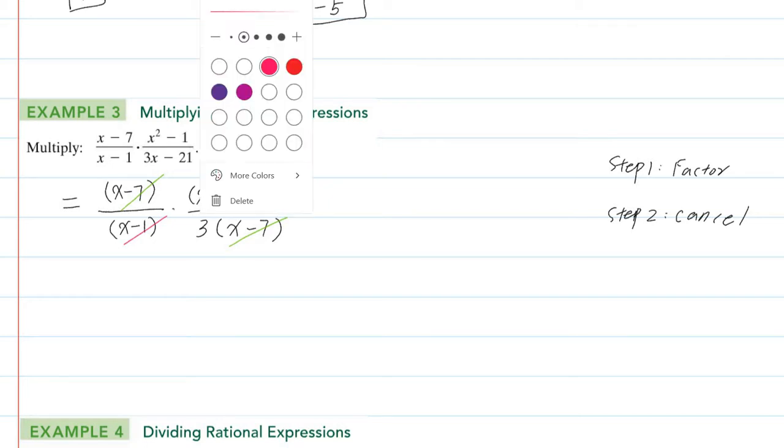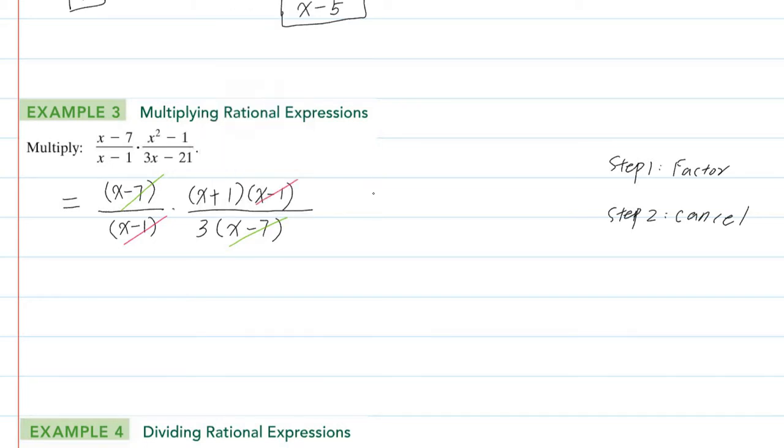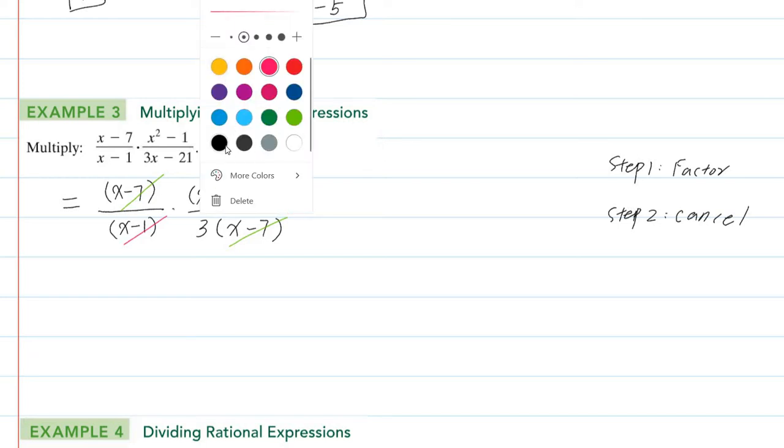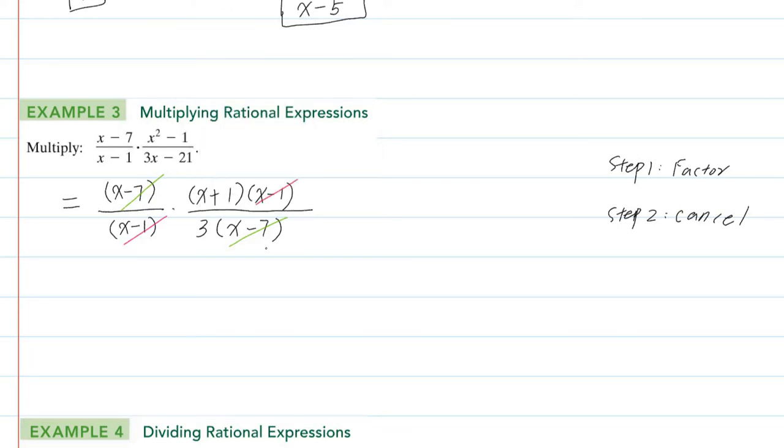Once we finish canceling those, step 3, we're just going to multiply whatever's left over. The numerator left is x plus 1 actually. And the denominator is just going to be 1 times 3 times 1, which multiplies together to 3. So then you are done. You finish multiplying. Okay?